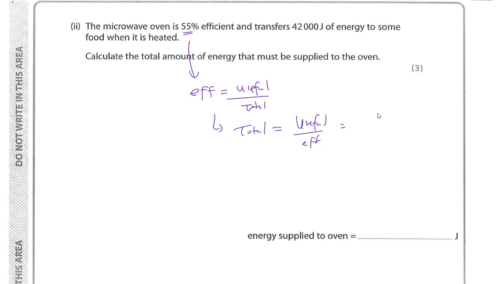Now the useful energy is what the oven transfers to the food when it's heated, so it's going to be this much divided by efficiency. Now efficiency, we need to turn this into 0.55. We get this much. That's the total energy. Now the total energy must be bigger than the useful energy. That's how you know if it's correct.